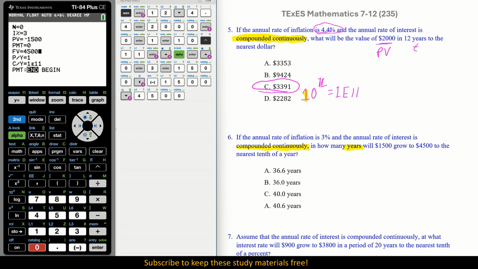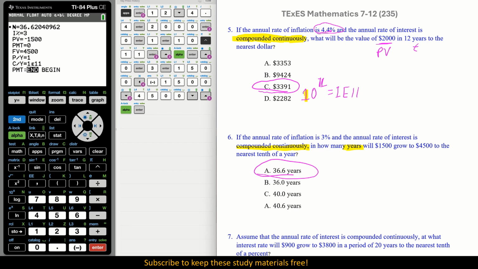Remember, I said at least one of them needs to be negative, okay? Now, we have everything set up for compounding. So we go back up to our n to find our years. So alpha, enter, and there it is. And I see A is the option we're looking for.